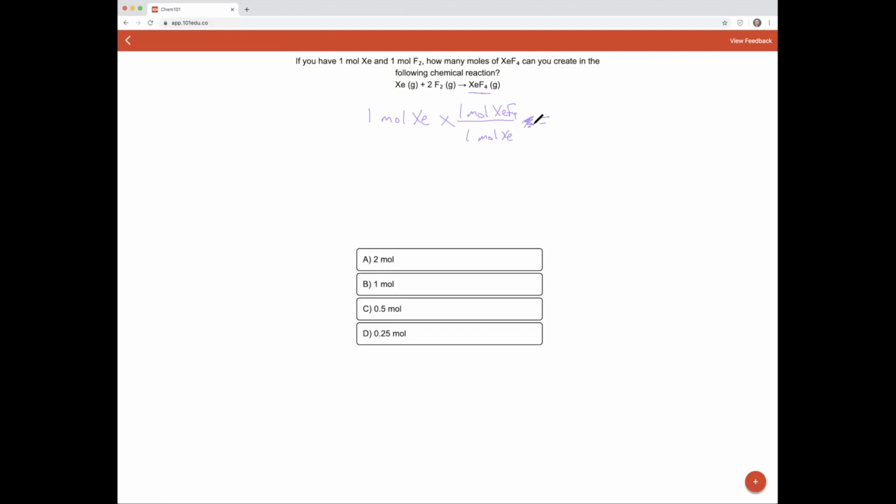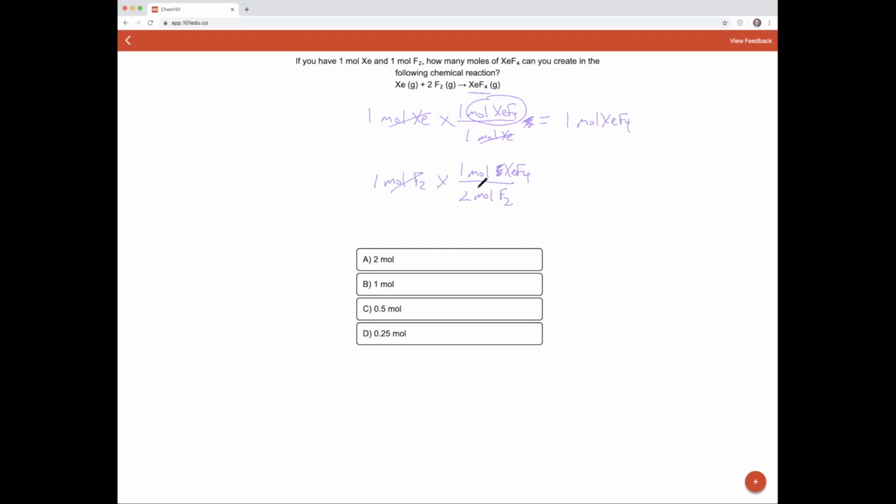So those moles cancel, so my answer will be in moles of xenon tetrafluoride. So 1 times 1 divided by 1 is 1 mole of xenon tetrafluoride. So that may be why some of you were answering 1 mole, but let's do it in terms of the fluorine, the F2. Okay, so I have 1 mole of F2, and according to the balanced reaction, it takes 2 moles of F2 to make 1 mole of XeF4.